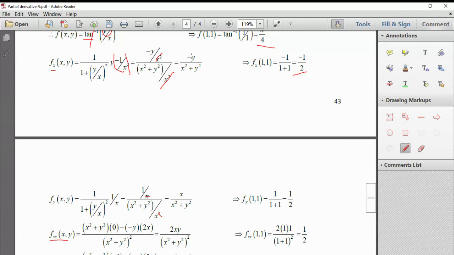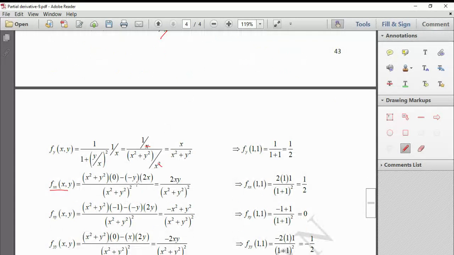Denominator into derivative of minus y is 0 because we are differentiating with respect to x, minus numerator into derivative of denominator. Derivative of x square is 2x. Derivative of y square is 0. So simply you will get, 0 into anything is 0, so minus 2x, minus into minus plus 2xy by x square plus y square whole square. Put x equal to 1 and y equal to 1 and simplify. You will get 1 by 2.